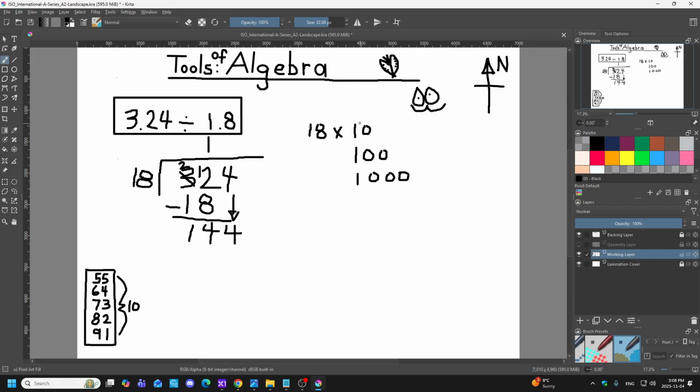Just ignore all the zeros. Since we are ignoring all the zeros, we have 1, 1, and 1. 18 times 1, 18 times 1, 18 times 1.